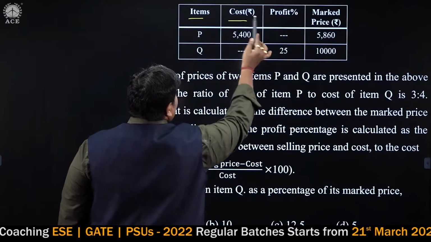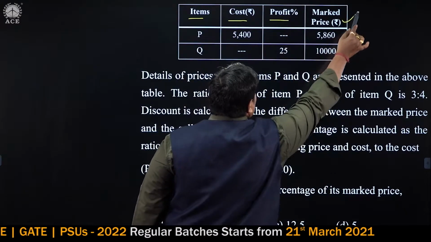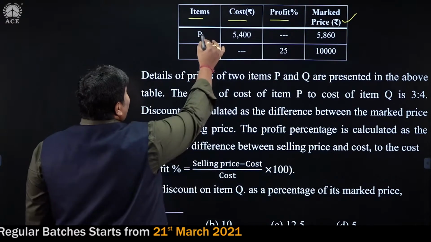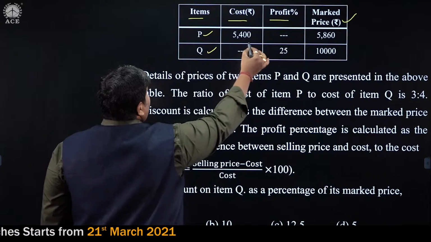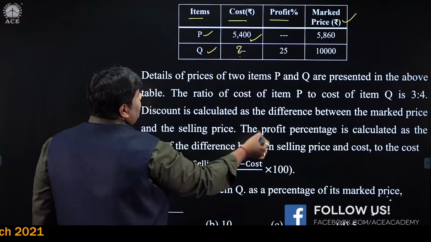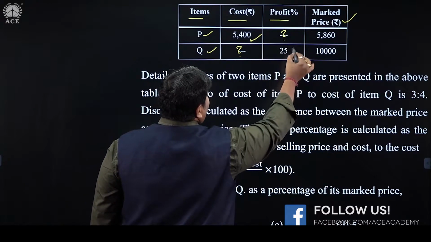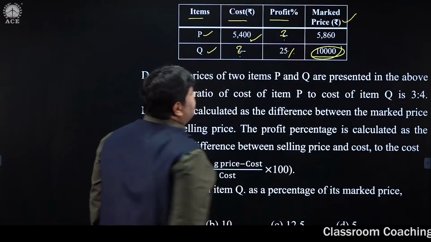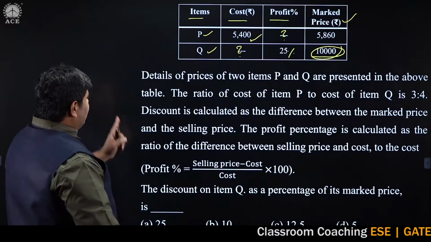Items, cost price, profit and market price. Items P and Q. For P, cost price is 5400. For Q, cost price is not given. For P, profit is not given. For Q, profit is 25%. Market price for P is not given, and for Q the market price is 10,000.